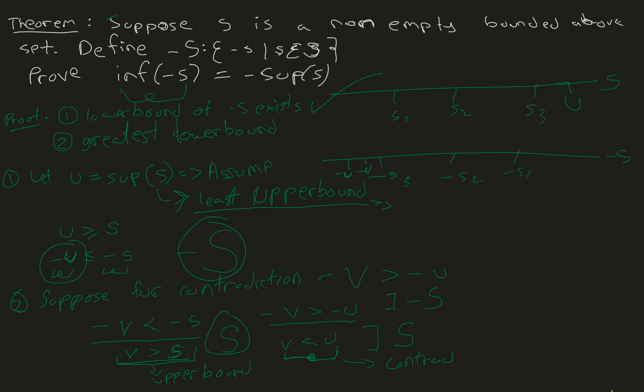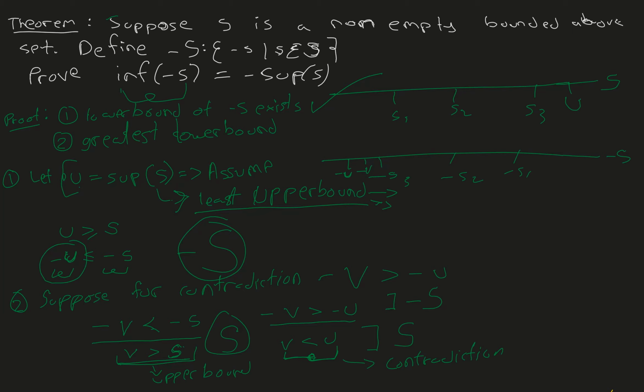This is strange because we just assumed that u is the supremum of the set S, and that's why I emphasized it so much. U is the supremum of the set S, so it's the least upper bound. We said it before, if we find any other upper bound for the set S, it has to be greater than u because u is the least upper bound.